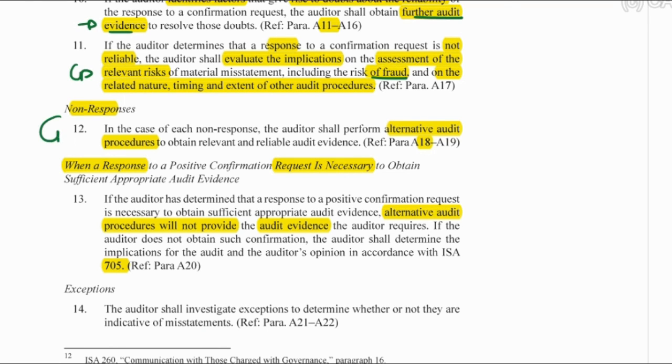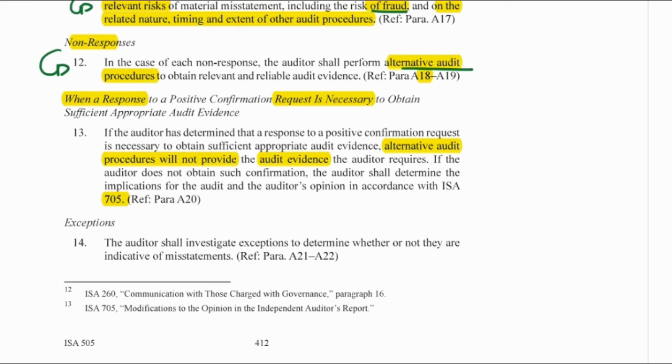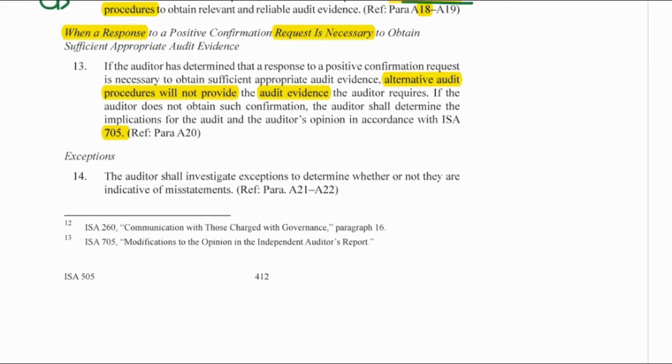So non-responses, the alternative procedures we've just looked at for trade payables and trade receivables. Okay, and then finally, if we needed that evidence and we can't get evidence elsewhere, it's going to have to affect our audit opinion.